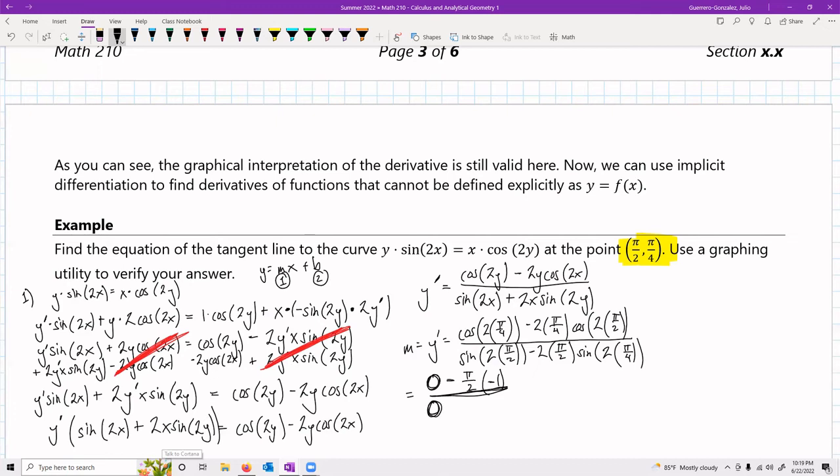Minus 2 times pi over 2, that's going to be minus pi, that's what that reduces to, right? And then sine of 2 times pi over 4, so 2 times pi over 4 reduces to pi over 2. Sine of pi over 2 is 1.